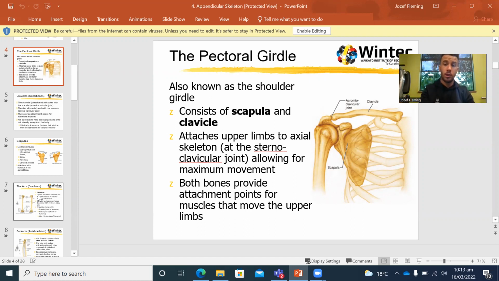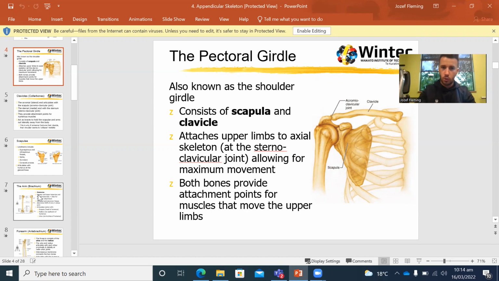And then we will go into the upper arm, which will go through the humerus, and then we'll make our way down to the wrist, and then into the lower limb.